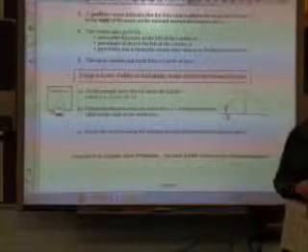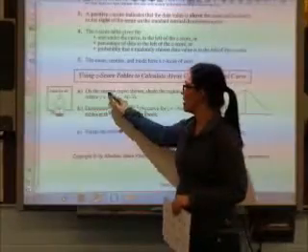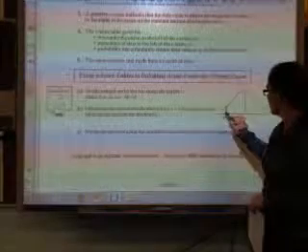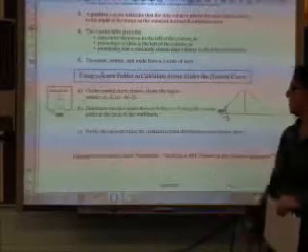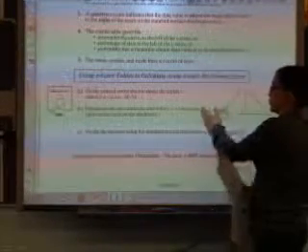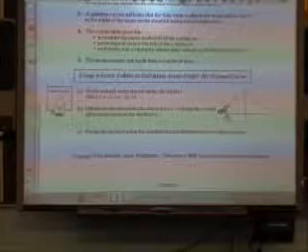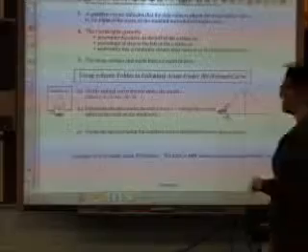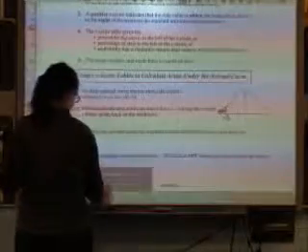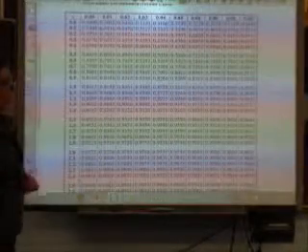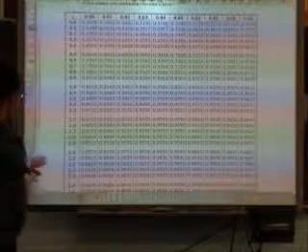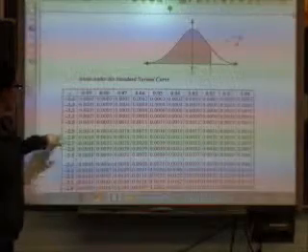I want the value that is less than -3. That's in here, so that's to the left. So if I want to determine the area under the curve for this, I go to my z-score table and I want -3. So I want that negative table.